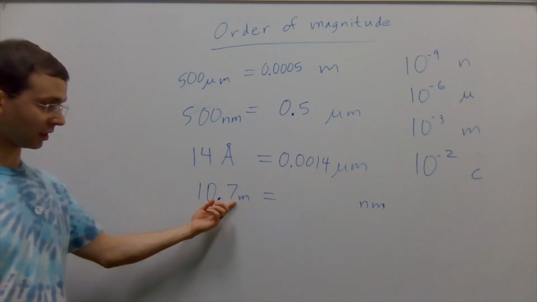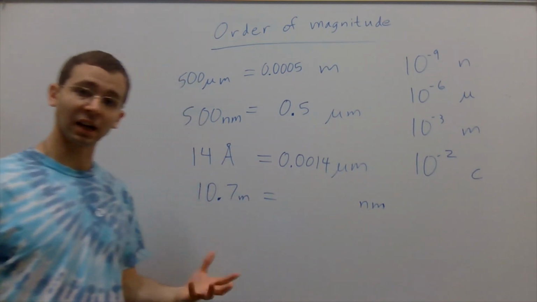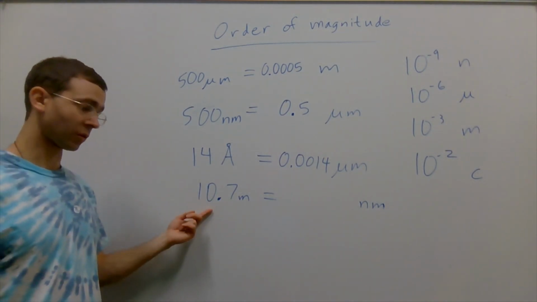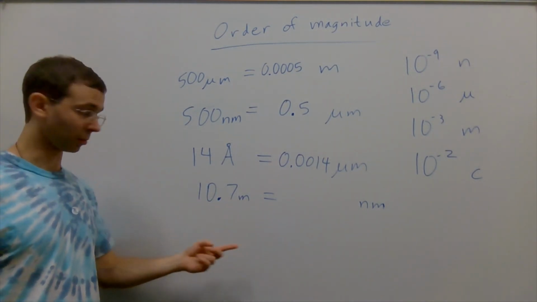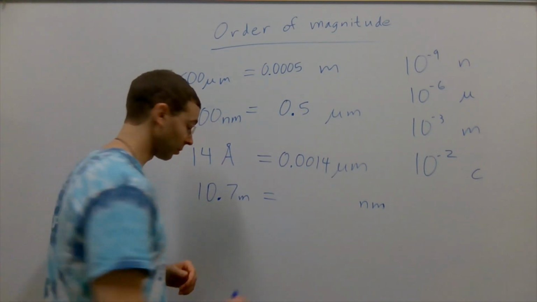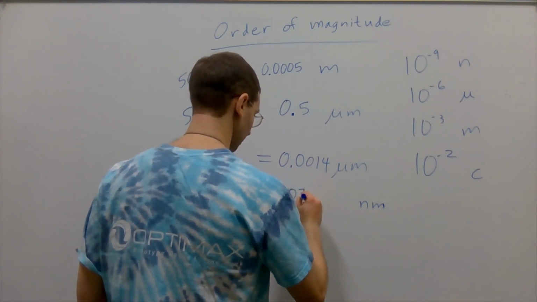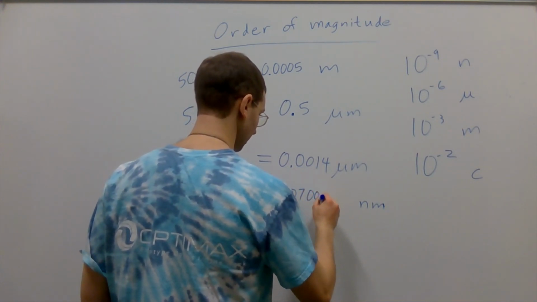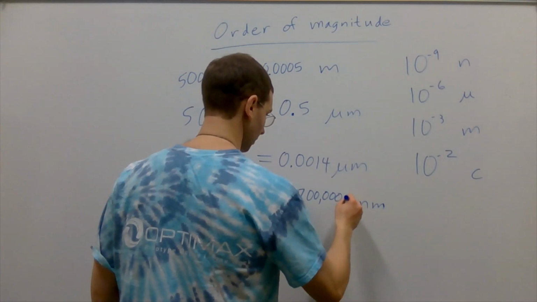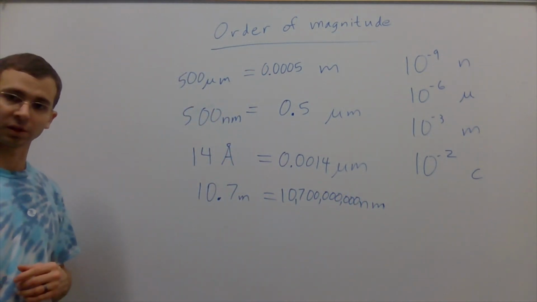This is 10 to the 0, if you will, and 10 to the negative 9. So 9 orders of magnitude. So that means we're going to move to the right to get a bigger number, and 9 spaces, so that we accommodate the order of magnitude. 10,700,000,000.